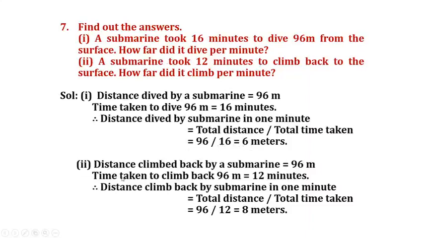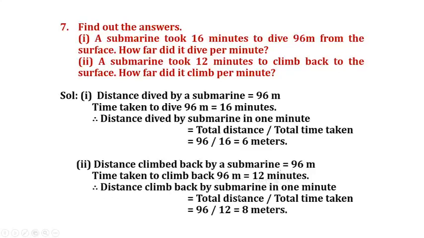The next distance, same as this, you can find out this also. Distance climbed back by the submarine is equal to 96 meters. Time taken to climb back 96 meters is equal to 12 minutes, because the distance dived into the water and climbed back are both the same. I am taking 96 meters only here. Coming back the time is very less.